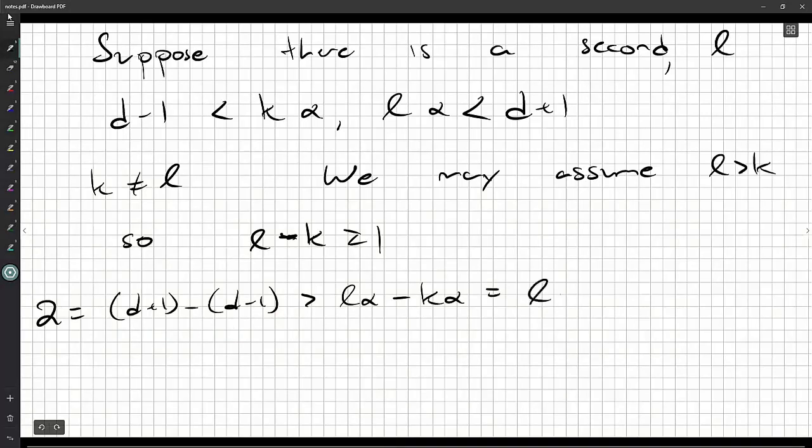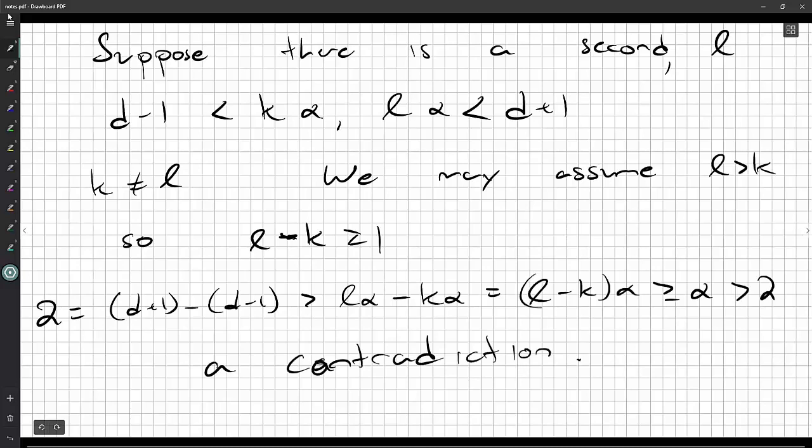But this is equal to L minus k alpha, which is greater than or equal to alpha, which is greater than 2. A contradiction. So k is unique.